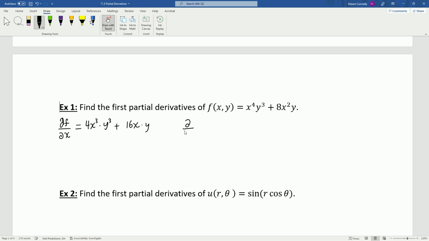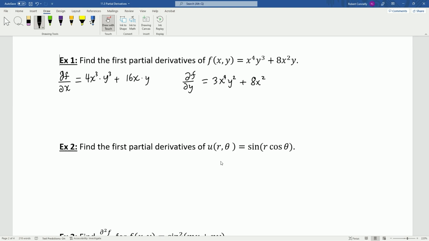If we take the partial derivative with respect to y, now we treat x and anything only dependent on x as a constant, and we treat y as a variable. So we get 3y^2 here, so 3x^4 y^2, plus, the derivative of y is just 1 here, so plus x^2. Okay, so that was pretty straightforward.